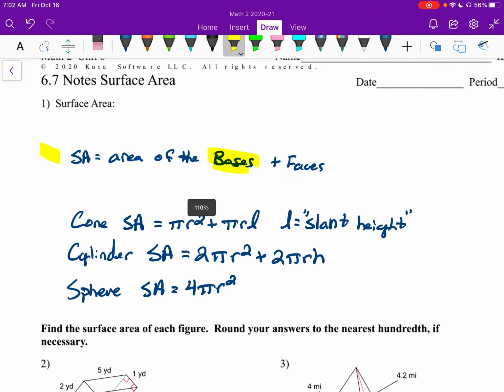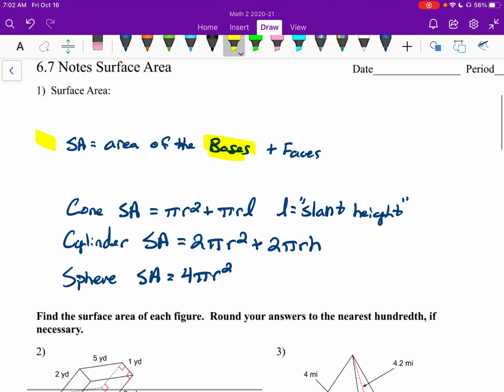So I've got three special formulas down here. We've got a cone. The surface area of a cone is pi r squared plus pi r L, where L is the slant height. So we look at this pi r squared, well, that's the area of a circle.